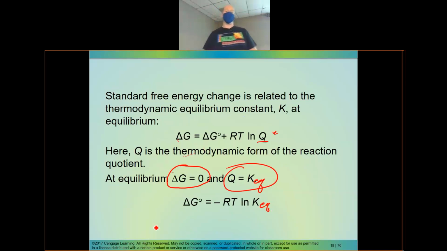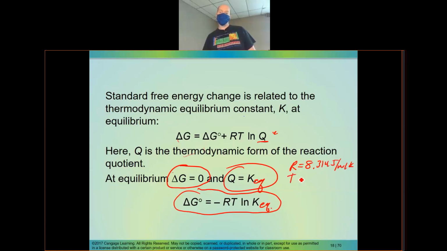All right, so this one, again, you always have to be aware of your units. In this one, your R value is 8.314 joules per mole Kelvin. Of course, T is always in Kelvin. And then, of course, your KEQ, that is simply your equilibrium constant.